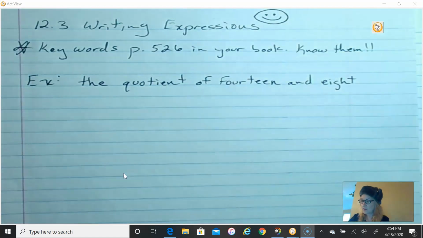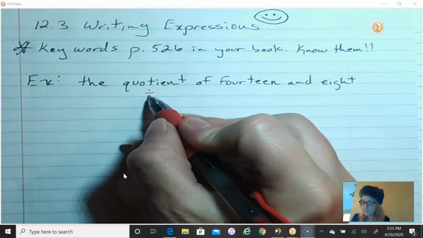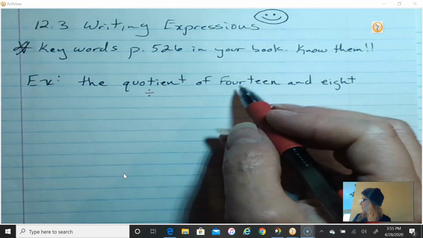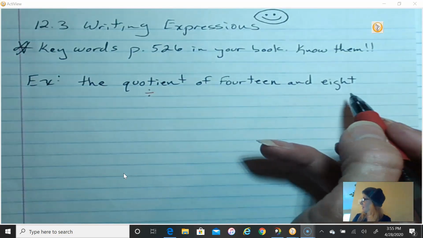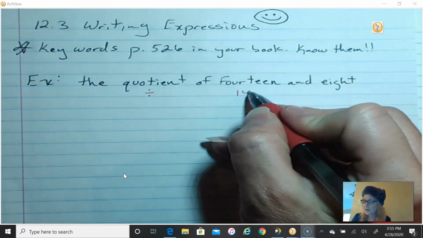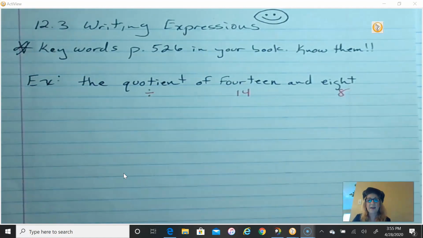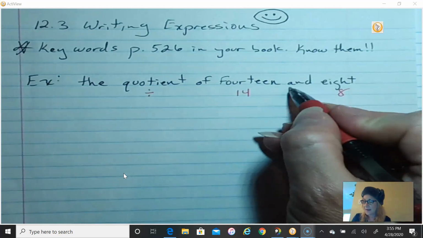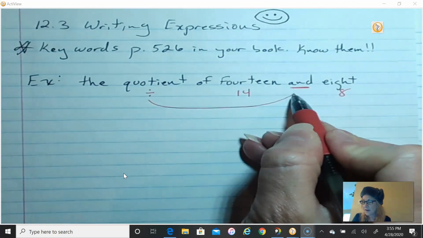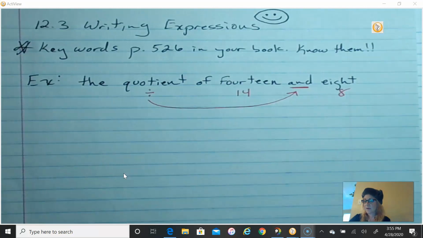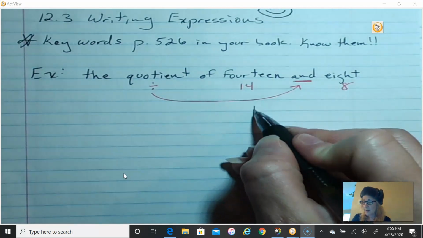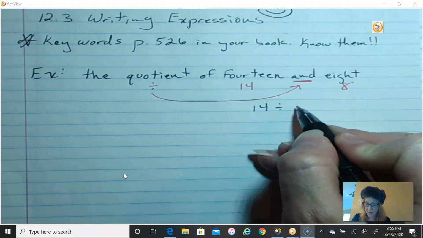Division. Write that down just like that. See this and word? That division sign is going right there. So your answer is 14 divided by 8.